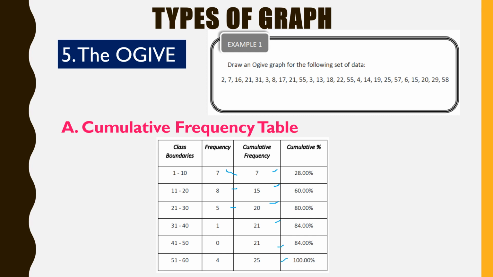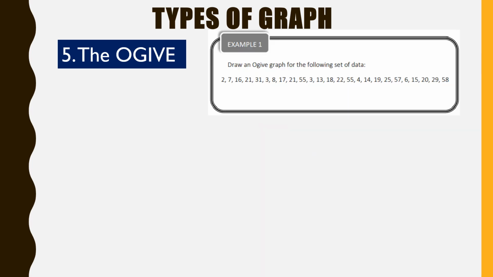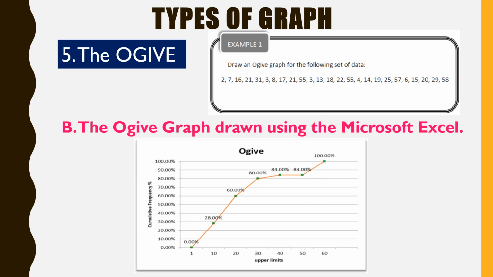And when we get the percentage, it is as follows in the fourth column. Given that, we can use Microsoft Excel to input the data, and here is the result for our ogive graph. We can be discussing more on this for higher mathematics.